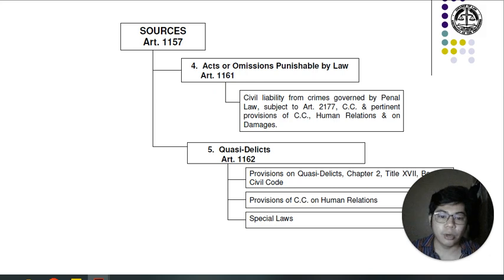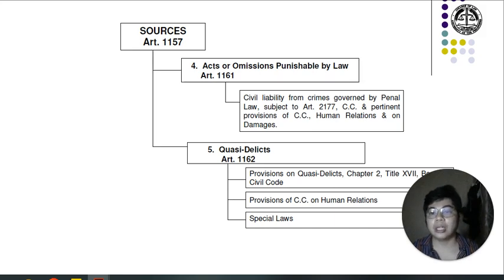Okay? So again, on autonomy of will, the contracting parties are presumed under the law to be on equal footing when they enter into a contract. So when the Supreme Court sees that the parties in a contract are not on equal footing, or it heavily weighs in favor of only one of the contracting parties, it is violative of the principle.